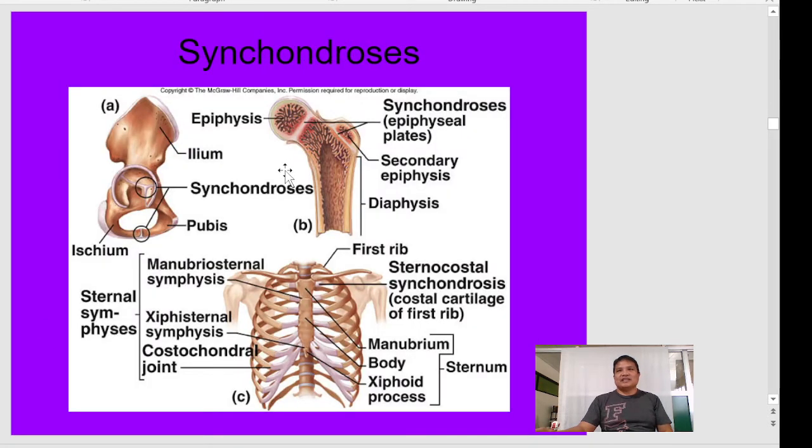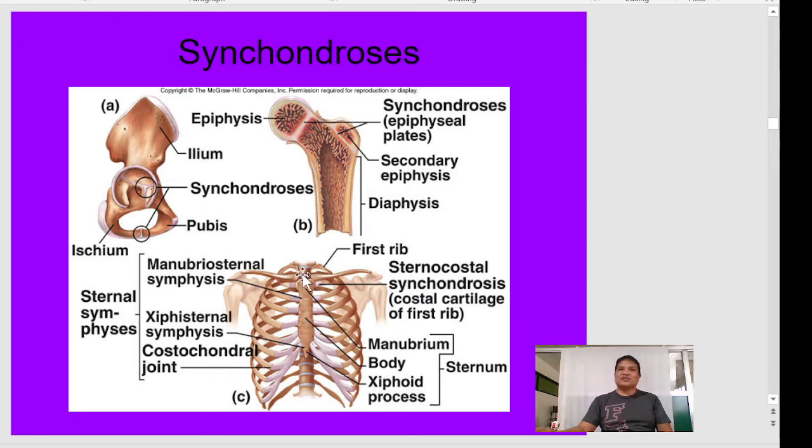So this is an example of slightly movable, the synchondrosis, or the joints between the epiphyseal or the cartilaginous end of the bone and the compact bone. Where the growth plate is located, you can see it. So it is called synchondrosis. That is bones connected by a cartilage.